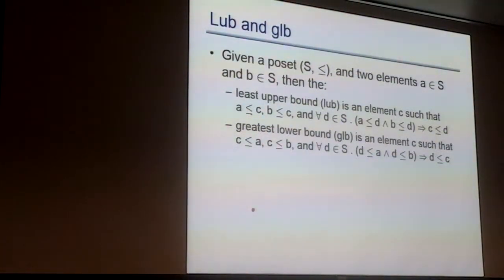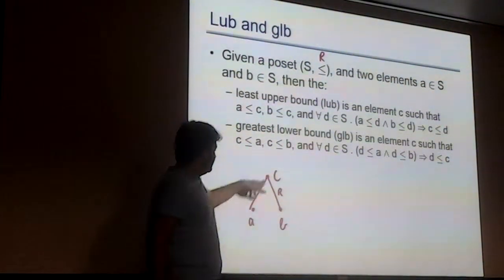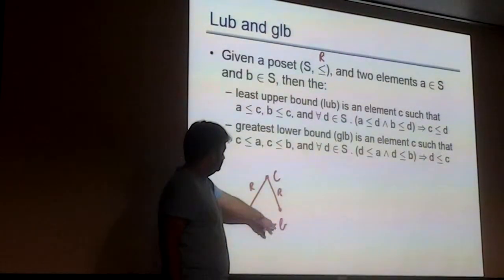So we have A, and we have B. So an upper bound is something, a C, that is greater than, according to the relation. So there's a relation here. Here I'm calling it this, but it's really an R, any relation R. So it's really saying that, basically I have CRA and CRB. No. Right?